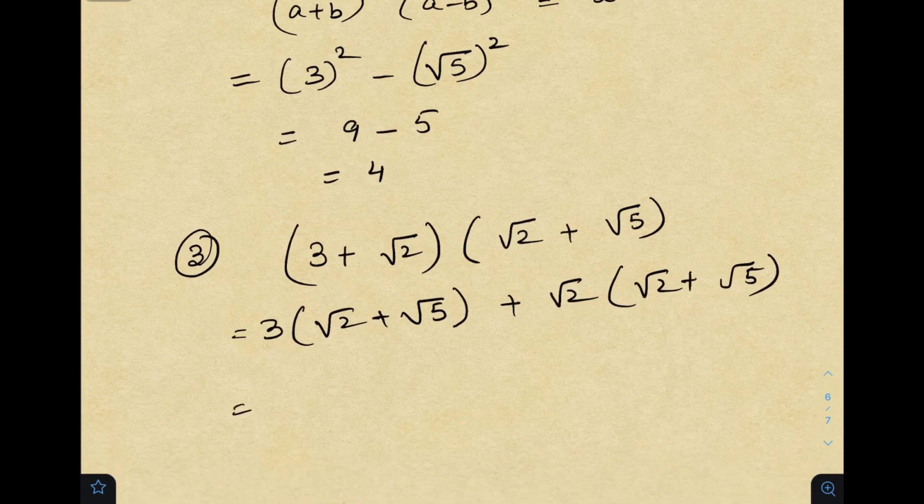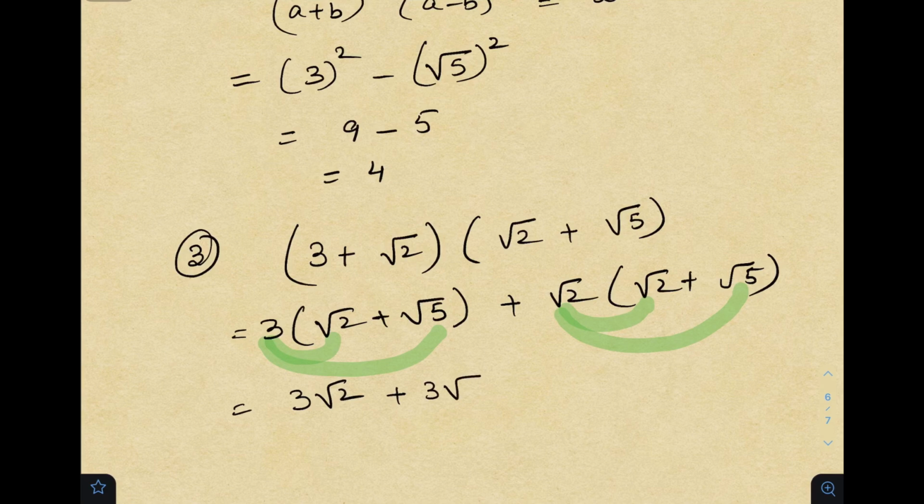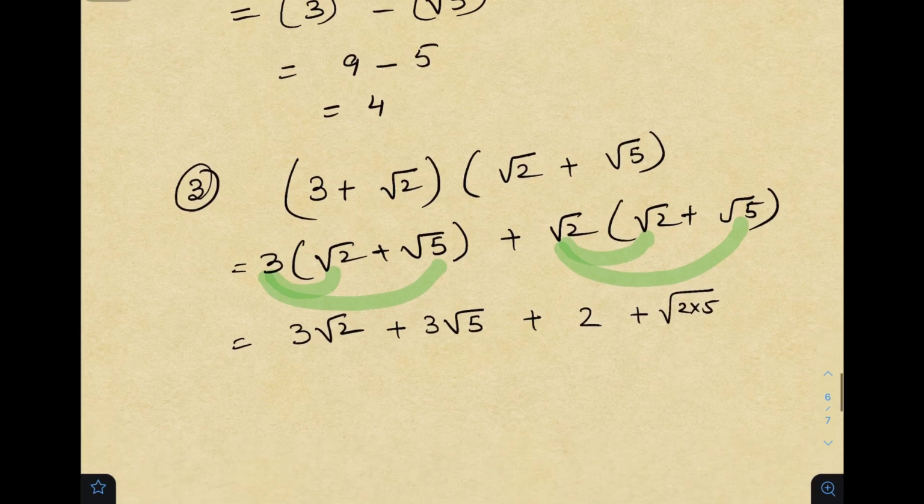So 3 into root 2 gives 3 root 2. 3 into root 5 gives me 3 root 5. Root 2 into root 2 gives me 2. And root 2 into root 5 gives me root 10.